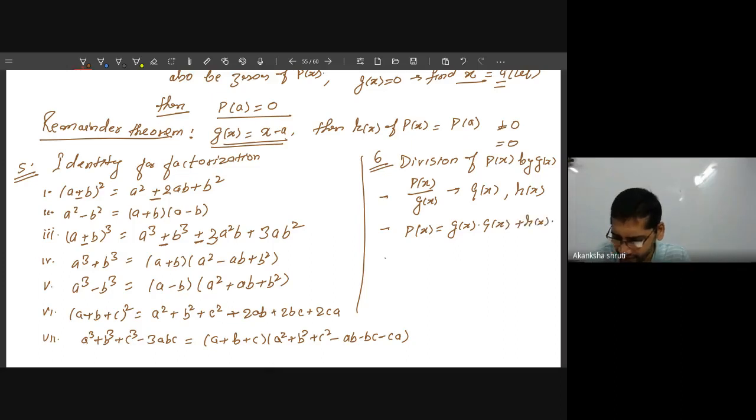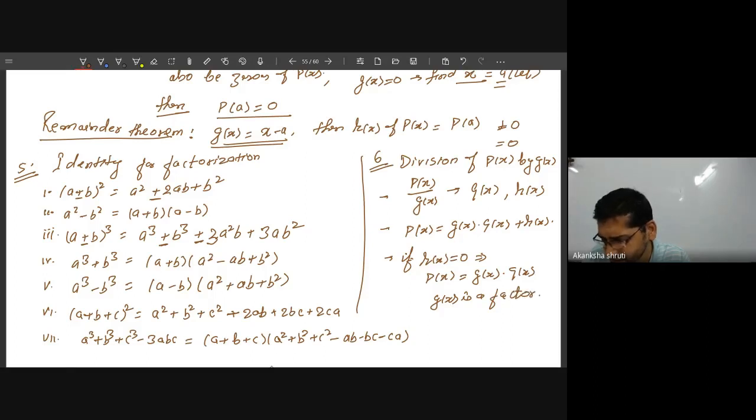If the remainder is 0, it means p(x) equals g(x) into q(x), so this g(x) is a factor. The same thing was also for the factor theorem. By this division we can also verify whether it is a factor or not. And p(x) itself is a multiplier. The bigger number or bigger polynomial is called the multiplier.